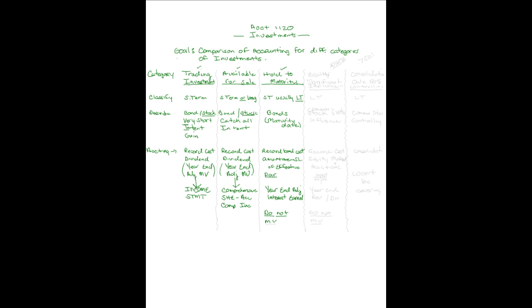The next category that we are going to look at is equity method. I didn't spell that well. Equity method, also sometimes called the significant influence method. And it gets its name, you'll understand in a minute. First of all, it's always long-term, it's never short-term, and it's always an investment in common stock.